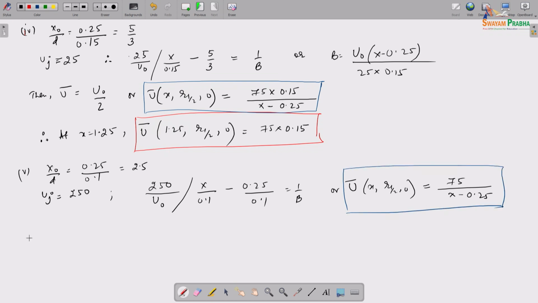Therefore at x is equal to 1.25, u mean 1.25, r half 0 is equal to 75.